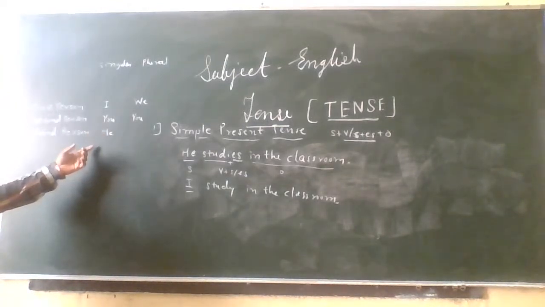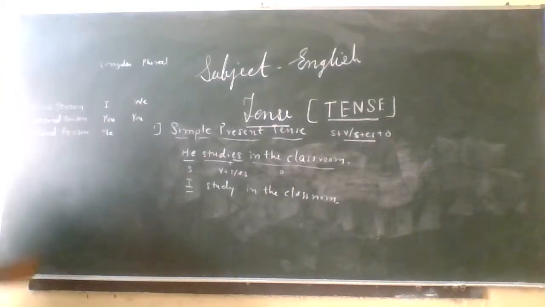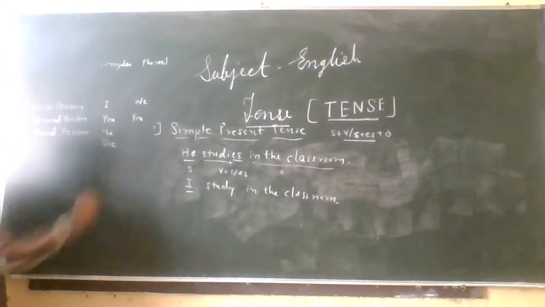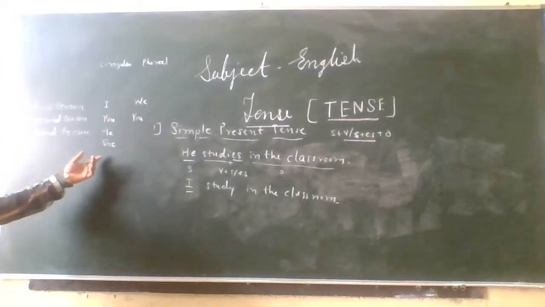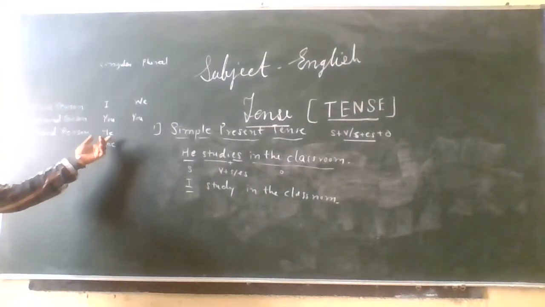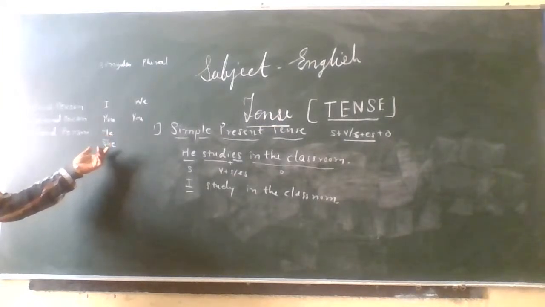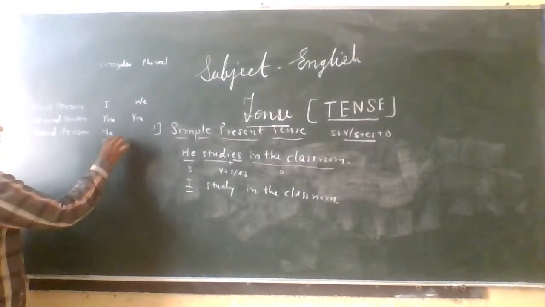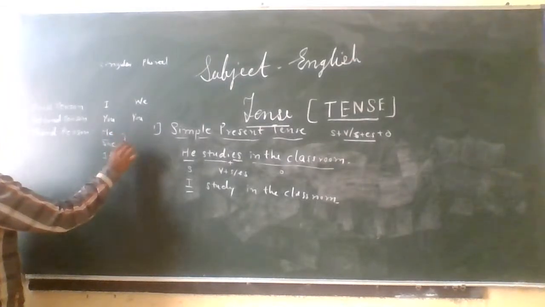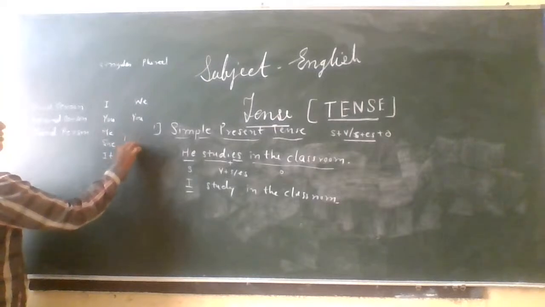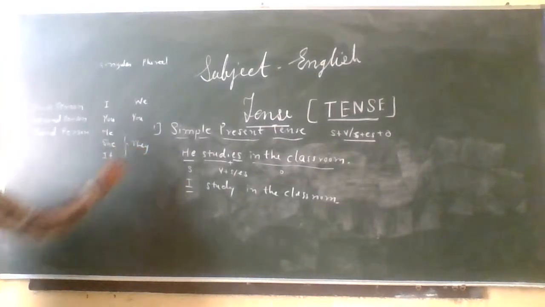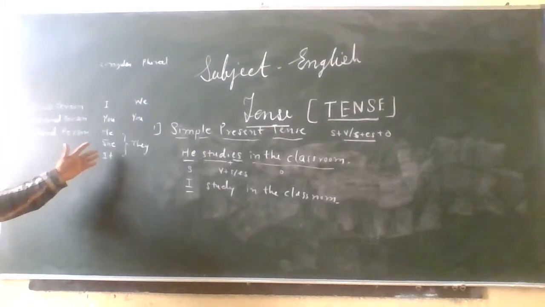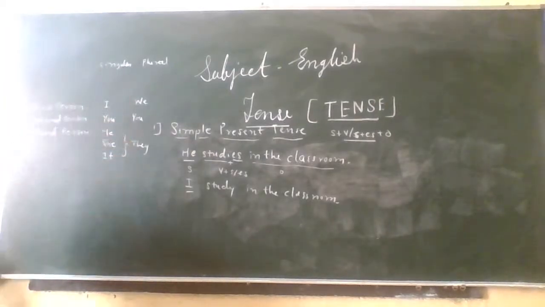He you use only for a male person. She you can use for a female person. Here we have masculine gender, feminine gender, and neuter. For he and she, the plural is they.